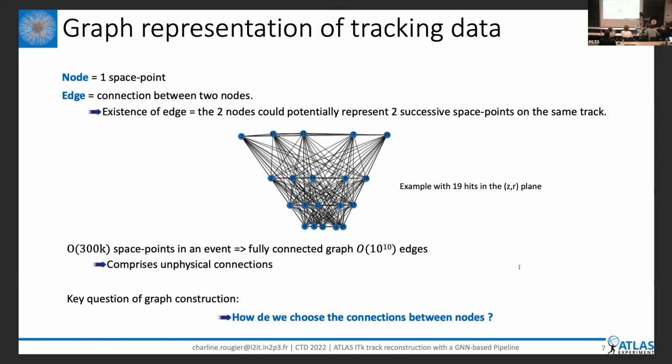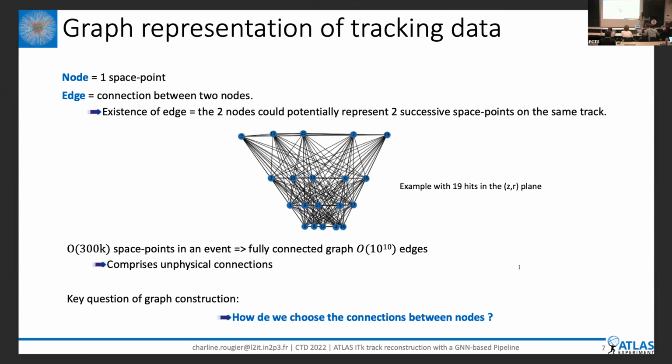So we are going to build a graph. In a graph, one node represents 1 space point, and an edge is just a connection between 2 nodes. We give a meaning to this edge: the probability that the 2 nodes are successive nodes of the same track. Here you get a really simple example with only 19 hits in the ZR plane.